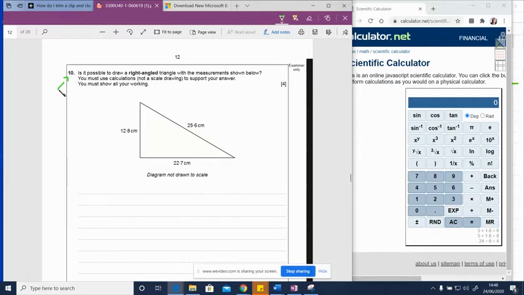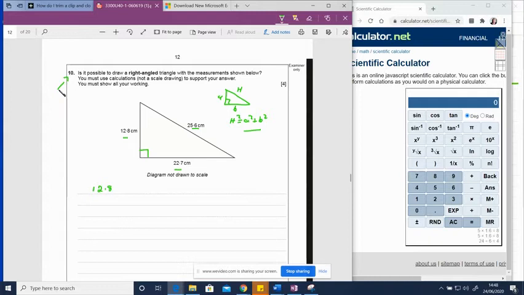Well, if this were a right-angled triangle, with the right angle being there, then we can use Pythagoras, because if you remember Pythagoras, the theorem, if that's the hypotenuse, and that's A and that's B, the hypotenuse squared is equal to A squared plus B squared. So my strategy for this question is to work out the value of A squared plus B squared, and if it's the same as that value, then we can say it's a right-angled triangle.